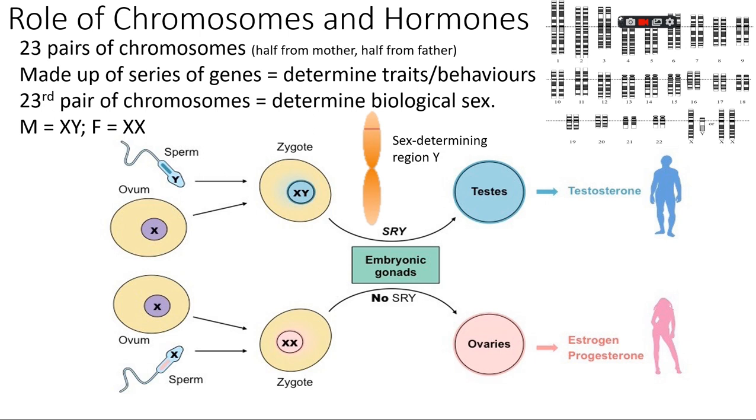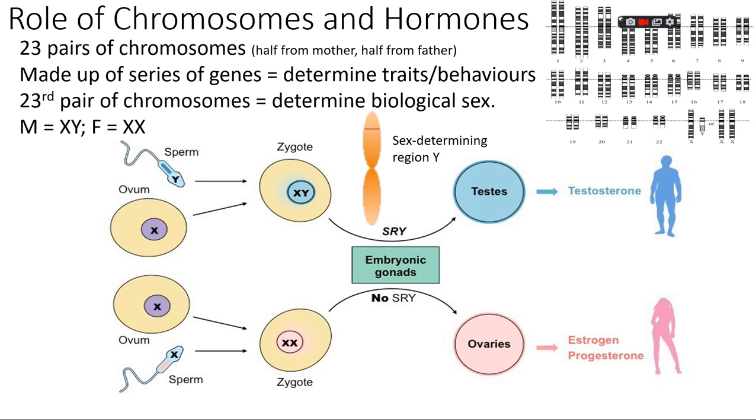Now, as the zygote develops within the womb of the mother, the Y chromosome has a specific area called the sex-determining region Y on it. And that causes the embryonic gonads to form into testes.